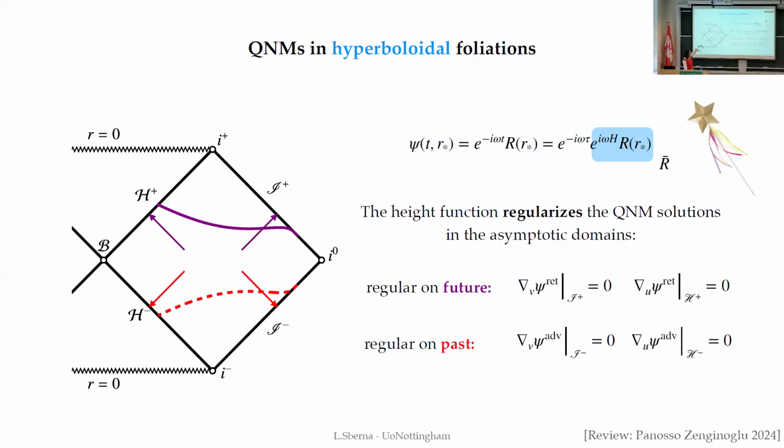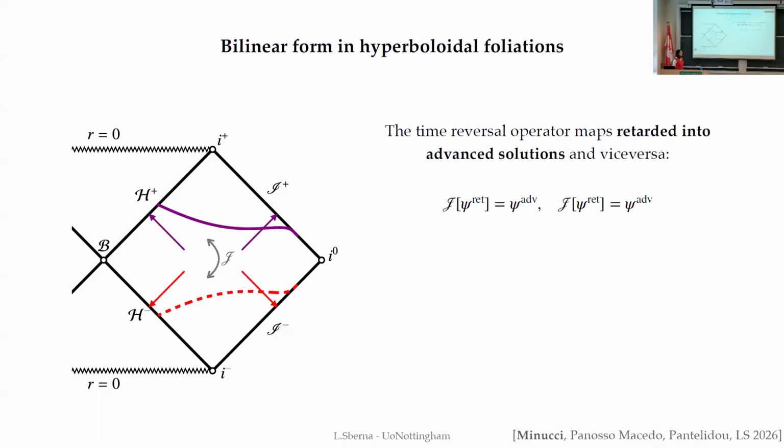So they are outgoing at those future boundaries, while QNM solutions that are regular on the past hyperboloids are instead outgoing at these other boundaries down here. Okay, so that's very nice. And so based on this, you could have hoped that the bilinear form would now be regular on the hyperboloids. Unfortunately, this is not the case.